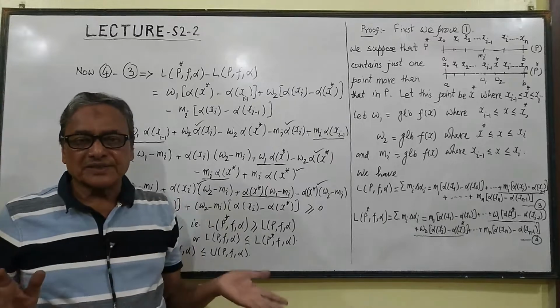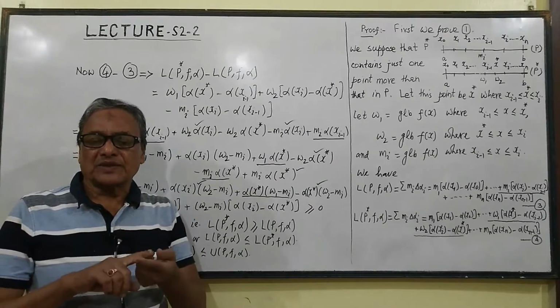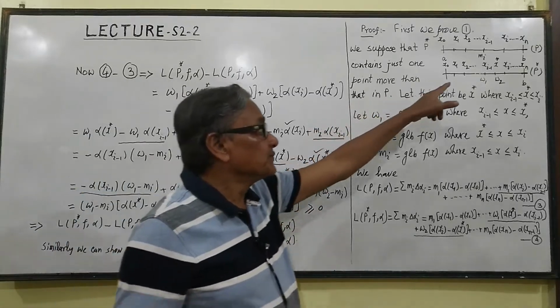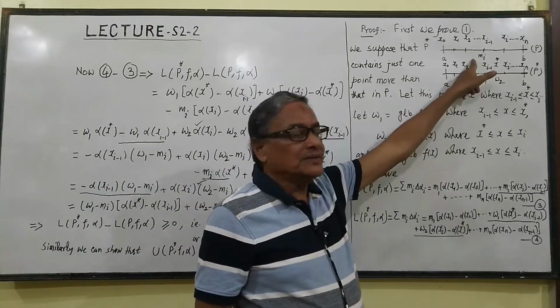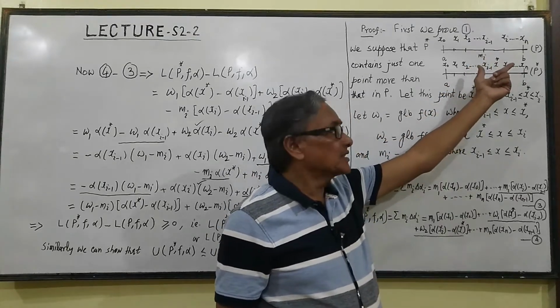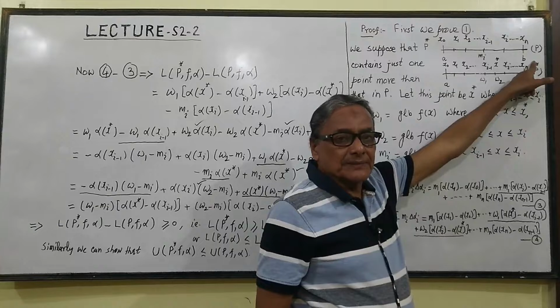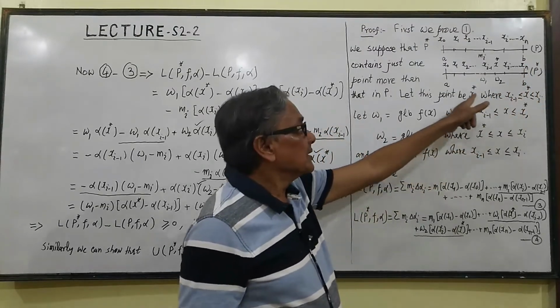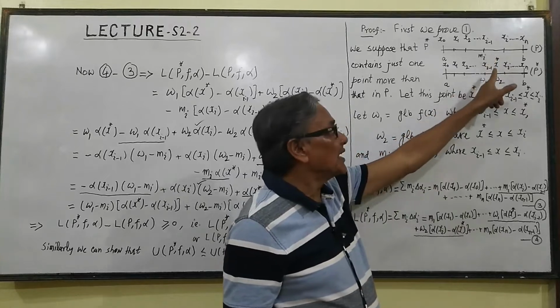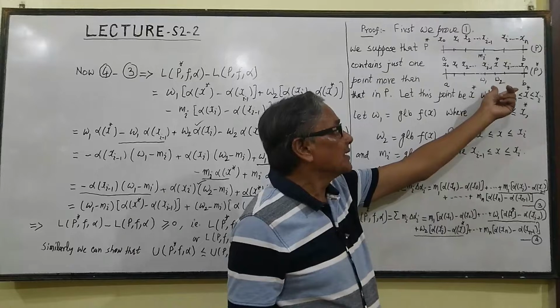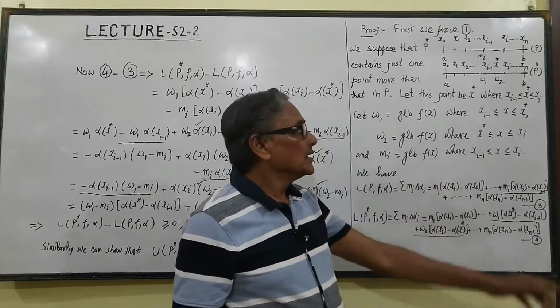Now we want to write this step in the form of W1 minus mi and W2 minus mi. Because mi is the greatest lower bound of f(x) in this subinterval for the partition P. But in terms of partition P star, this is further subdivided into two subintervals, xi minus 1 to x star and x star to xi.